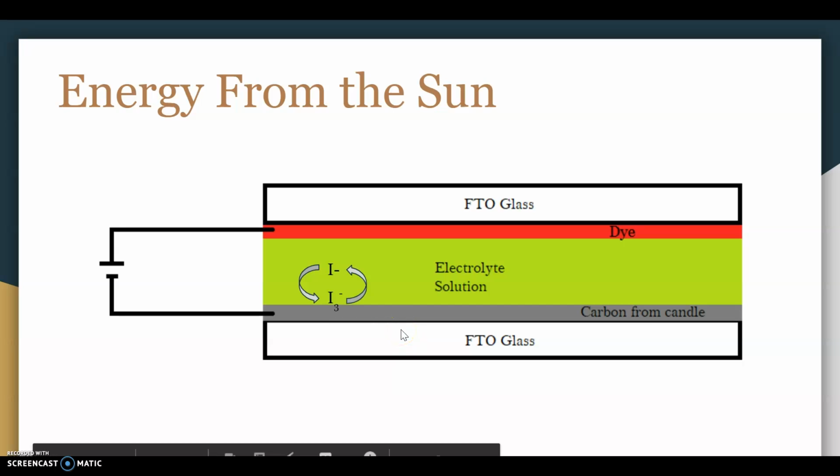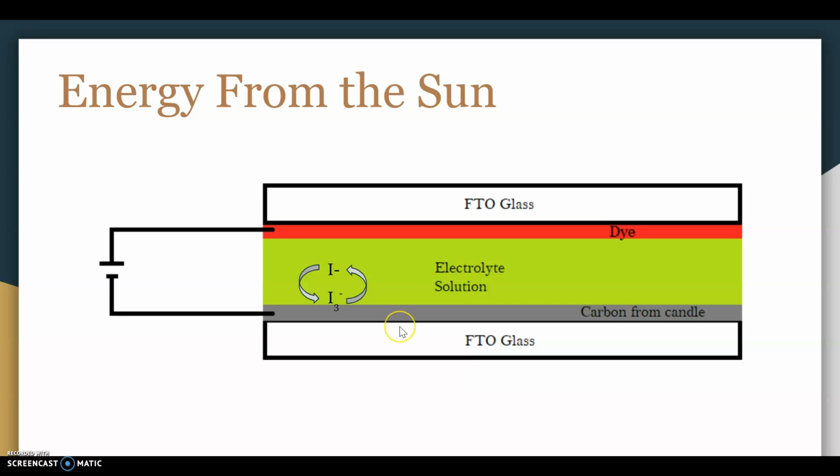There is a redox reaction between the electrolyte solution and the carbon. In the electrolyte solution, we want to transfer electrons over to the dye side, since as electrons are being hit and excited, they're flowing this way.